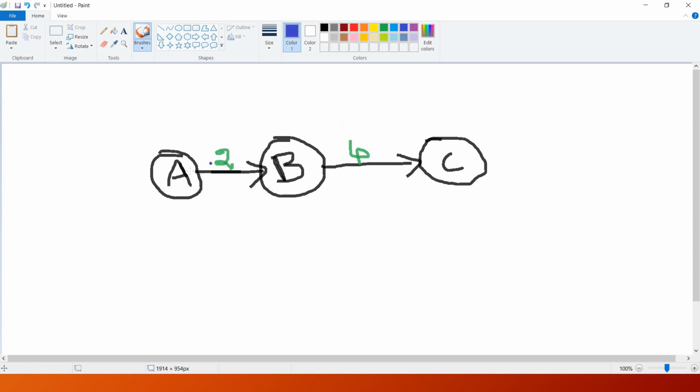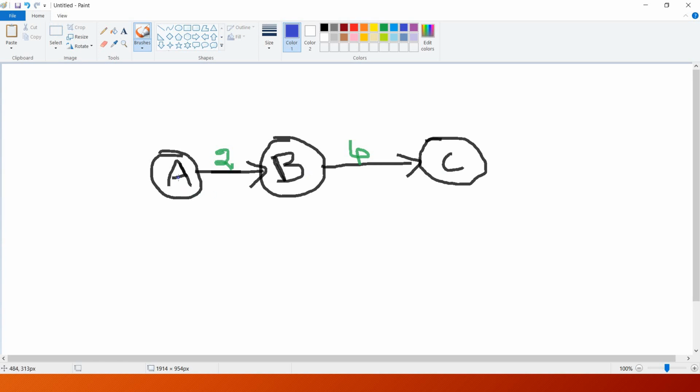Okay. So if I want to traverse from A to C, that is, I want to visit C from A, is there any direct path? No, there is no direct path. A is connected to B, B is connected to C. So with the help of B, I can visit C in this situation.